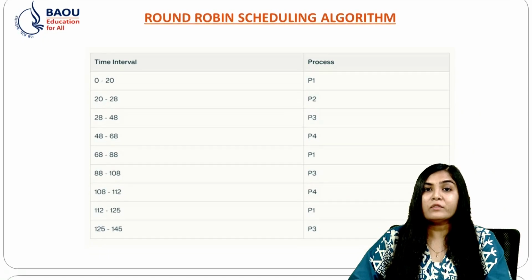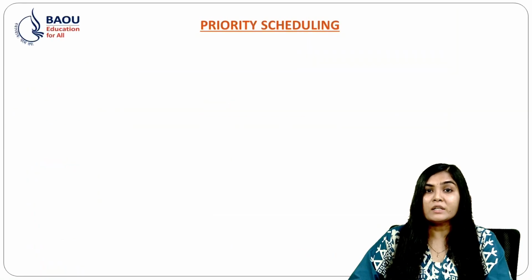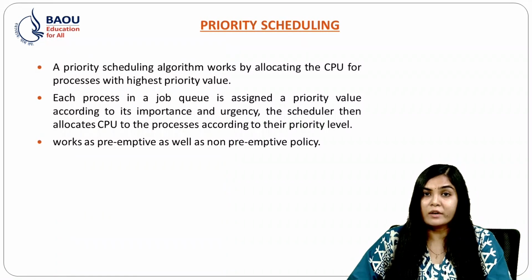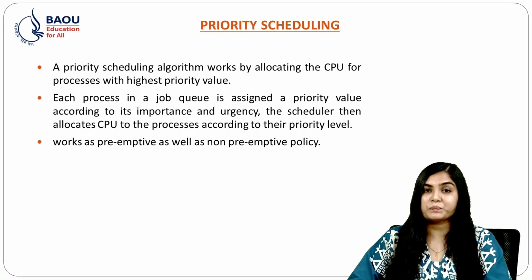So next we will understand priority scheduling and how it works. A priority scheduling algorithm works by allocating the CPU to the process with the highest priority value. Each process in a job queue is assigned a priority value according to its importance and urgency. The scheduler then allocates the CPU to the processes according to their priority level.